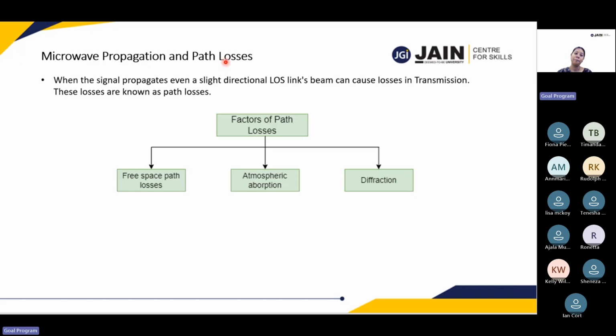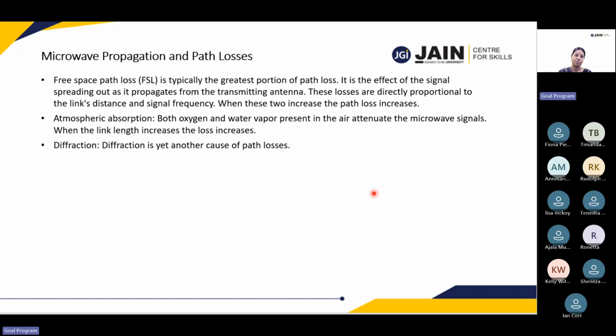Microwave propagation and path losses. When the signal propagates, even a slight change in the LOS link beam can cause loss of data in transmission. These losses are known as path losses. They are free space path loss, atmospheric absorption loss, and diffraction loss.